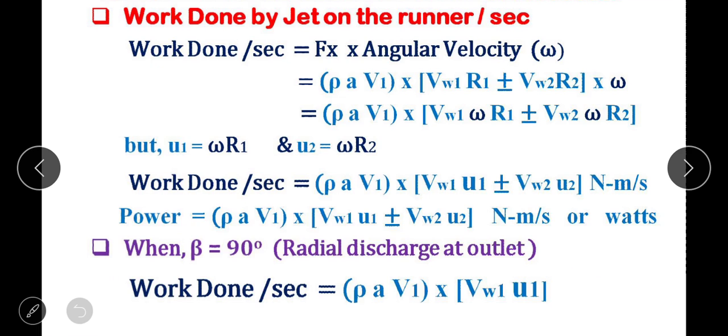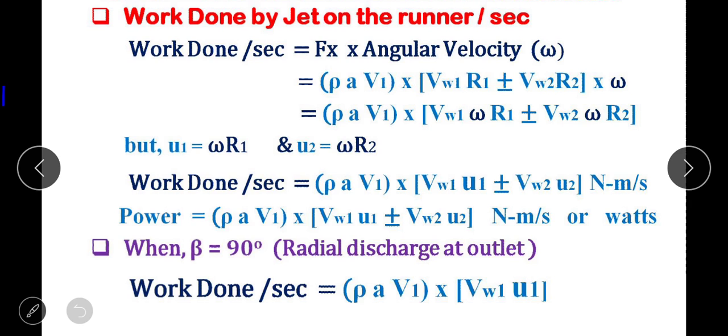Work done per second is equal to, we know that force exerted in the direction of flow, that is Fx, multiplied by angular velocity omega, which is equal to rho a v1 multiplied by vw1 r1 plus or minus vw2 r2, that is the Fx value, multiplied by omega. Rho a v1 multiplied by vw1 omega r1 plus or minus vw2 omega r2. Take this omega inside the bracket along with vw1 r1 and vw2 r2.